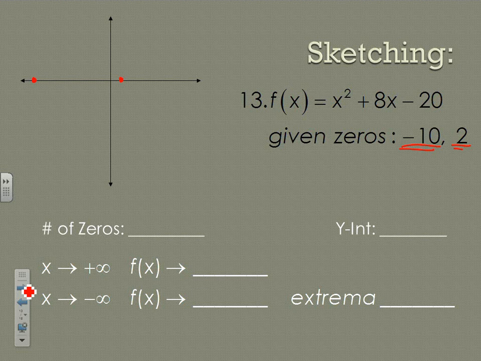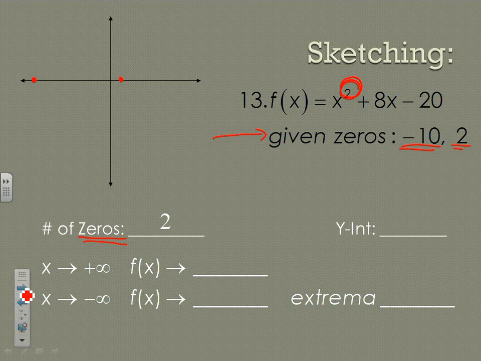I can also look at it and say, this is an even function. It's even, so I know both ends are going to be going up. For my number of zeros, it gave me 2 zeros.